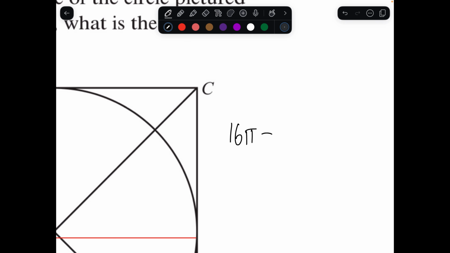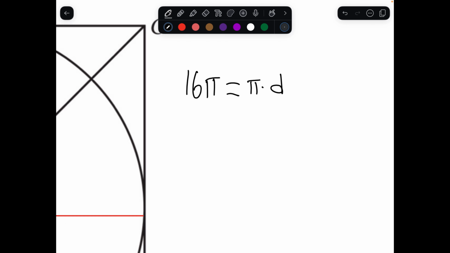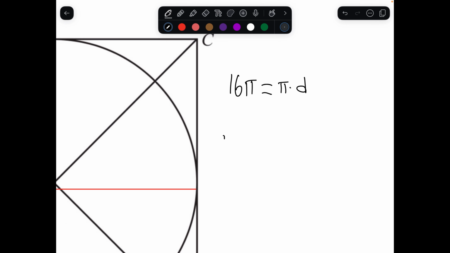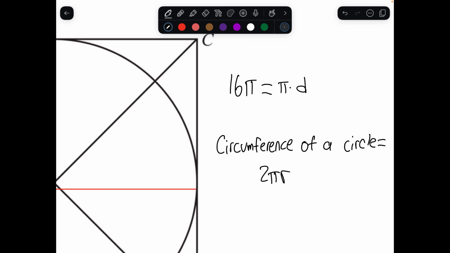Remember, the circumference of the circle is equal to pi times the diameter. And this is because the circumference of a circle is equal to 2 pi r, right? And 2 times the radius equals the diameter.